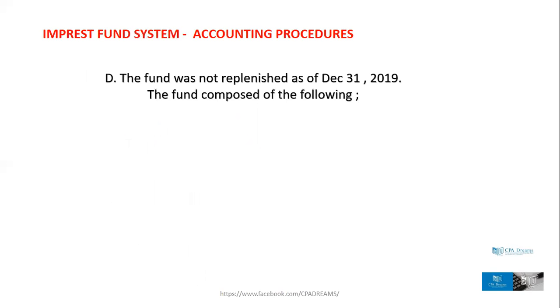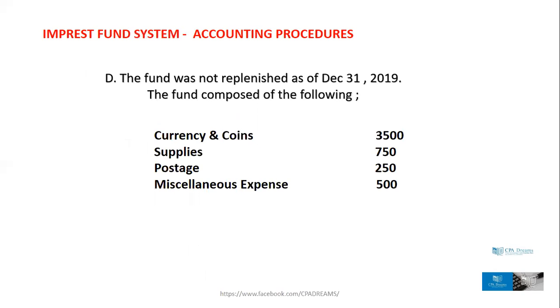Now, let's say the fund was not replenished as of December 31, 2019, and the fund is composed of the following. So ito na yung fund mo at the end of December 31, 2019: currency and coins, 3,500; supplies, 750; postage, 250; miscellaneous expense, 500. So, end of the year, kailangan mong mag-close ng account. Ngayon, ang kailangan mong gawin is make a record.